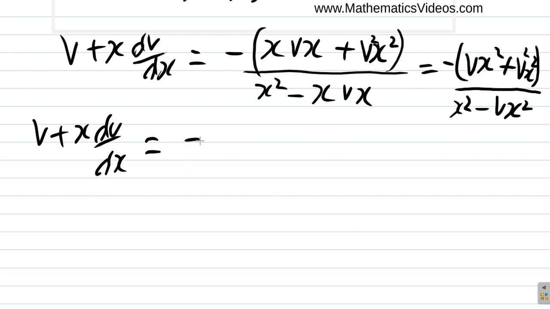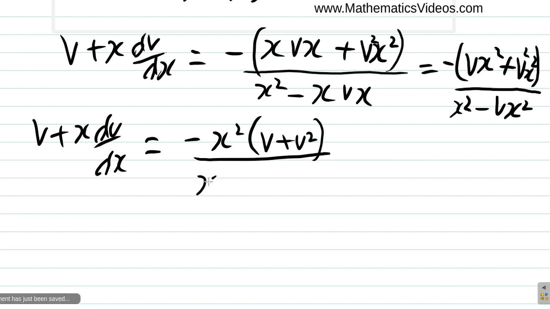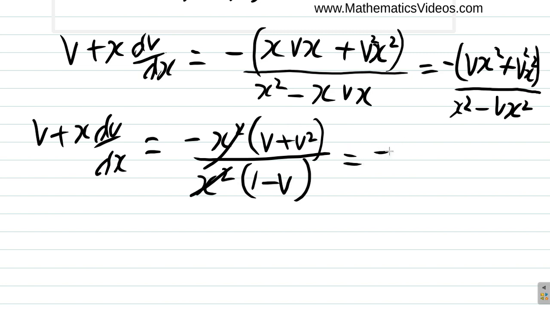Alright. So v plus x dv by dx is equal to, look at this. You could put the x squared outside the bracket here, no? Alright, v plus v squared. And down the bottom too, you could do the same, x squared outside the bracket and have 1 minus v. Alright, x squared cancel x squared. So you have negative v plus v squared over 1 minus v.